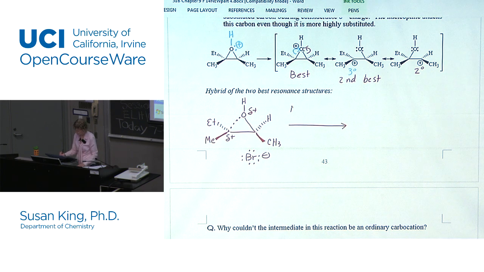So the nucleophile attacks the side that is most electron deficient. And that's going to be the left-hand side because that makes a more stable carbocation as a resonance structure. That's the most electrophilic carbon.